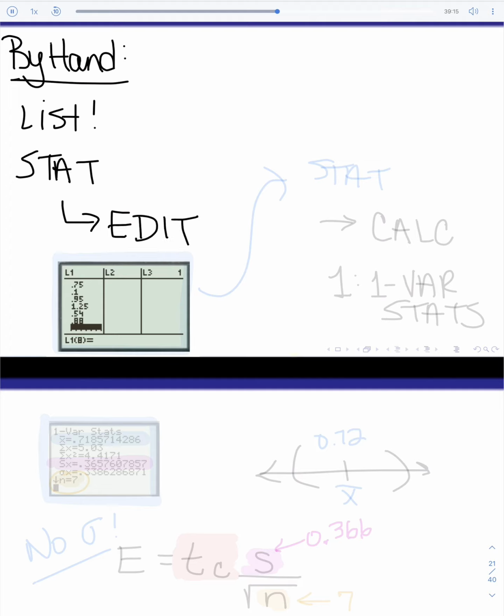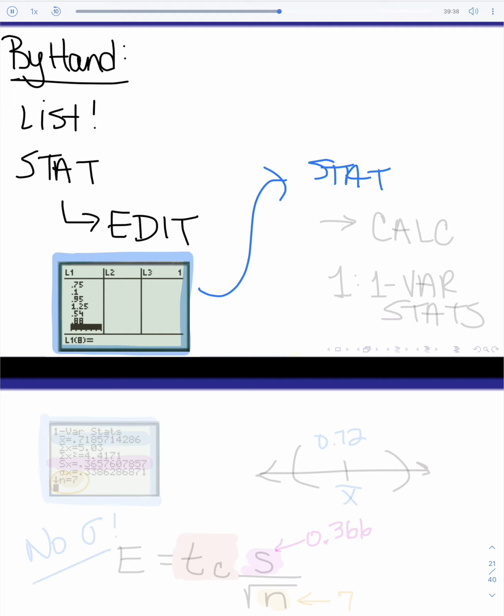Then you'd want to put in all your data just like if you were using your calculator before. You would input all your data and look like the following. And then you would press the stat key one more time.